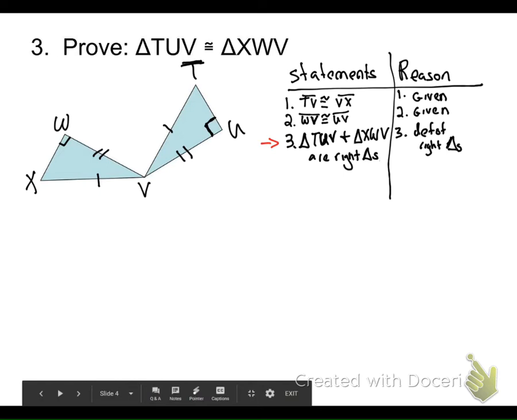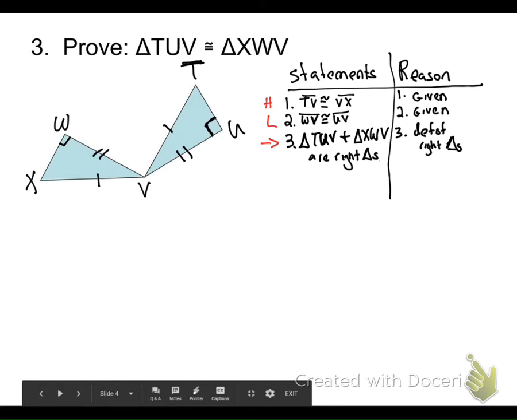So what is this in my triangle? WV and UV. So WV here and UV here. Is that a hypotenuse or a leg? It's the leg. I'm going to write a little L. TV and XV. What is that in my triangle? It's the hypotenuse.